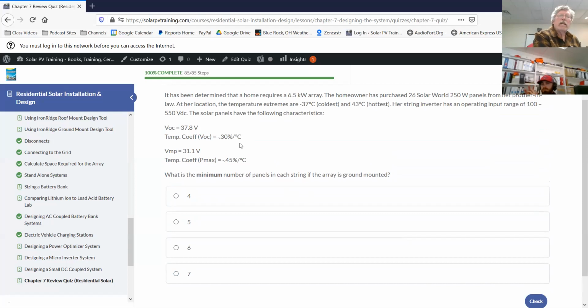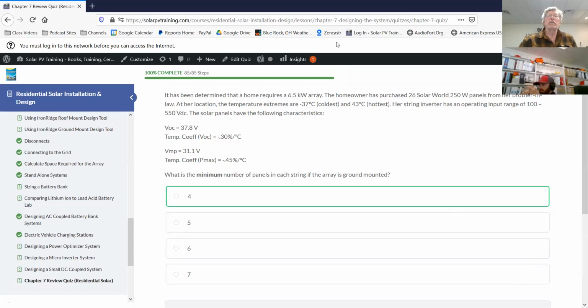So the VMP is 31.1 volts, and the temperature coefficient is 0.45%. So it really is just the same, but it's also telling me it's a ground-mounted system. So that's important information to know. I want to stop the share here and go to the whiteboard.